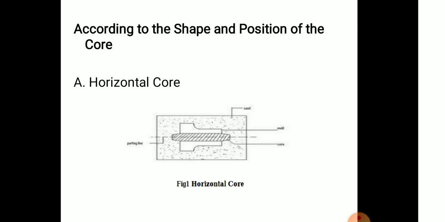The horizontal core is placed horizontally at the parting line of a mold such that one half remains in the cope and the other half in the drag. The end of the core rests on the seat of the mold provided by the core print. Core prints are provided on the pattern, generally a two piece or split pattern.